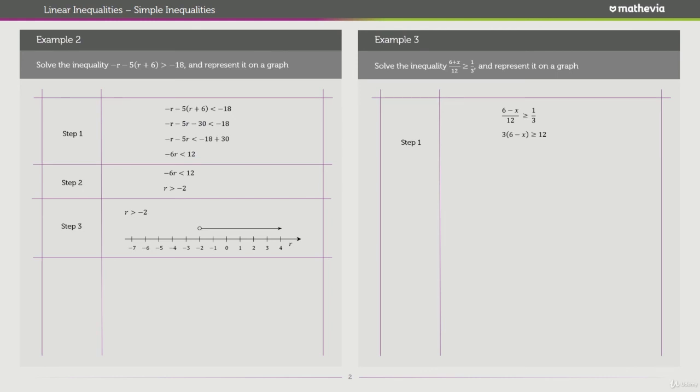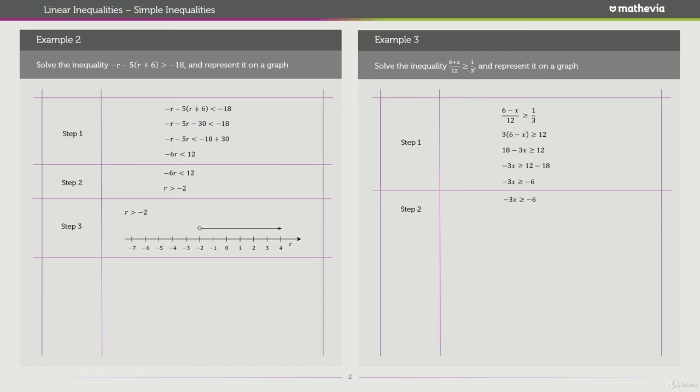You have 3 multiplying 6 minus x greater than 12, since 12 times 1 is 12. Then you expand the bracket: 3 multiplying 6 minus x gives 18 minus 3x greater than or equal to 12. If you move 18 over to the right, it becomes -18, and you end up with -3x greater than or equal to -6.